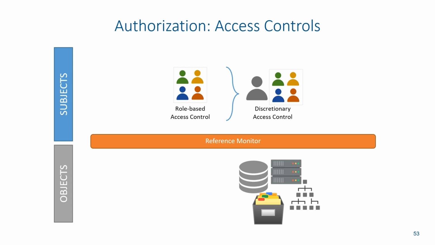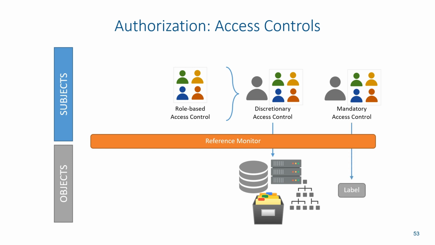This is similar to individual access control, where you're granted access based on your identity, as the reference monitor deems appropriate based on what you've been assigned. Additionally, we have mandatory access control, which looks at access based on user or group permissions and object labels. A certain label is assigned to certain individuals, and that determines what access they're going to have.